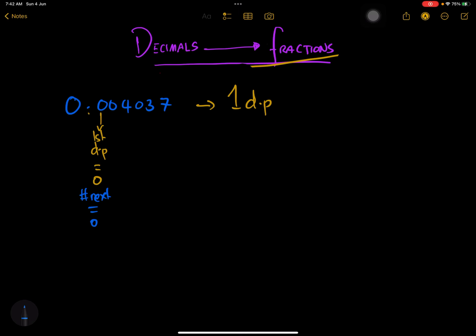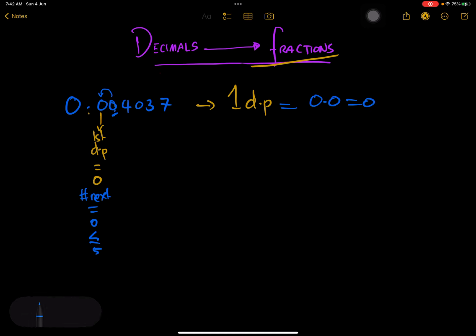It is less than 5. It's not up to 5, so it means that we cannot do anything about it. If this number was 5, 6, 7, 8, 9, we would have added 1 to the 0. But this number here is 0. So that means that one decimal place is 0.0, which is 0.